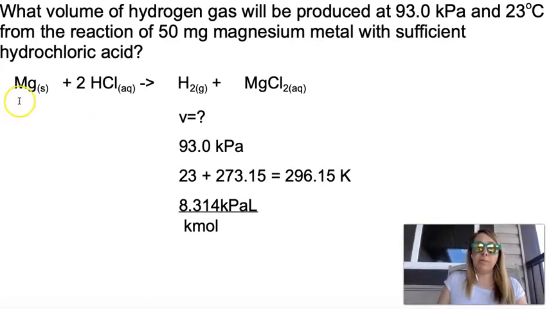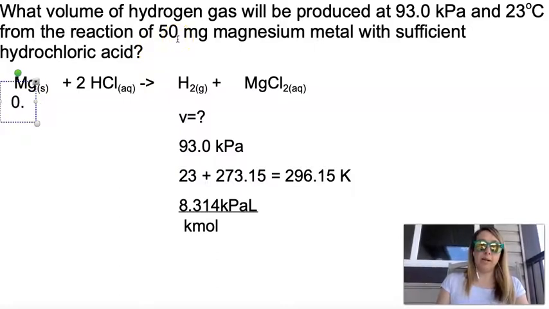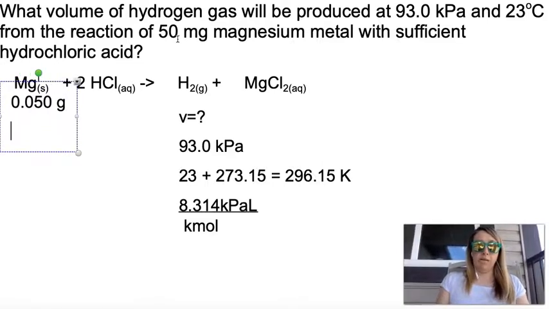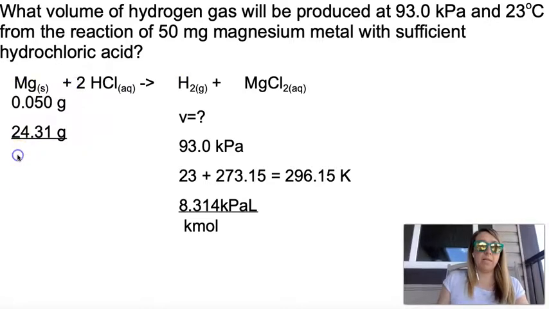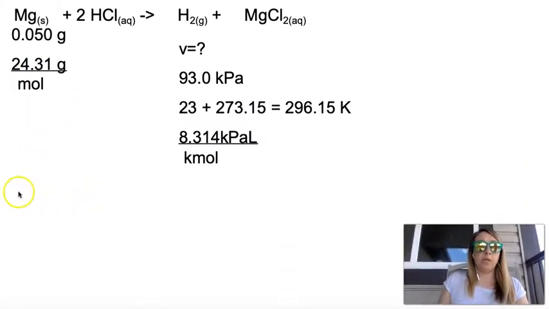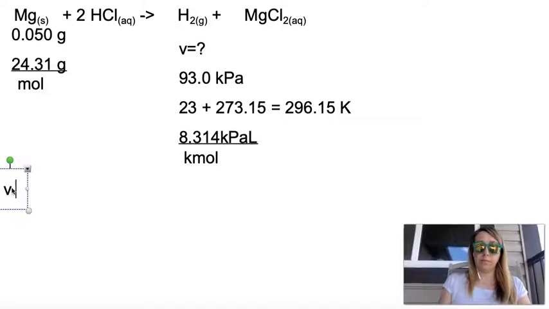Other thing we have is a mass of magnesium. It was 50 milligrams. So we divide by 1,000 to get grams. So 0.050 grams. Because we have a mass, we're going to need a molar mass, which for magnesium is 24.31 grams per mole. Okay, so now we start our unit analysis.